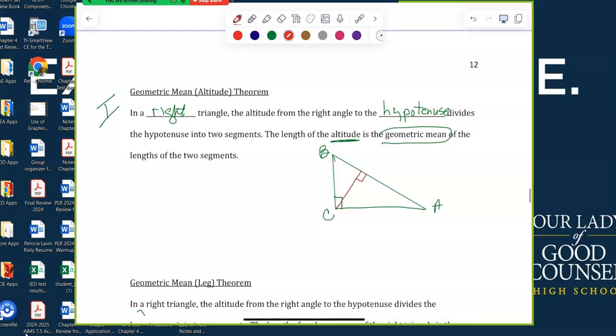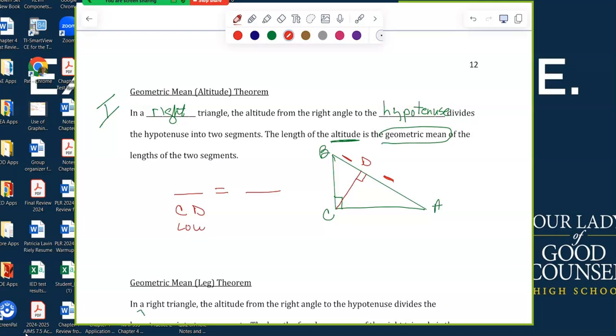So that means that when these two segments are formed, there's a certain relationship. Look what I mean by that. We're going to do fraction equal fraction to do that. The geometric mean, and we'll make this CD, always goes low, high.